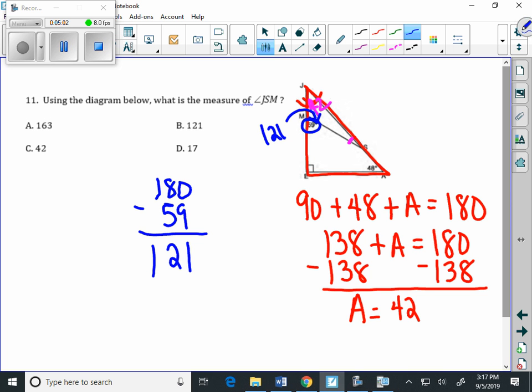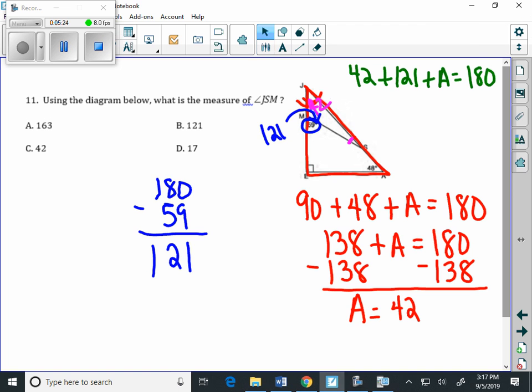And what we know in here, and I didn't use my space very well, is we found the 42 degrees. We just found 121 degrees, and we're missing that third angle, which is what we want to know, and a triangle has 180 degrees in it.